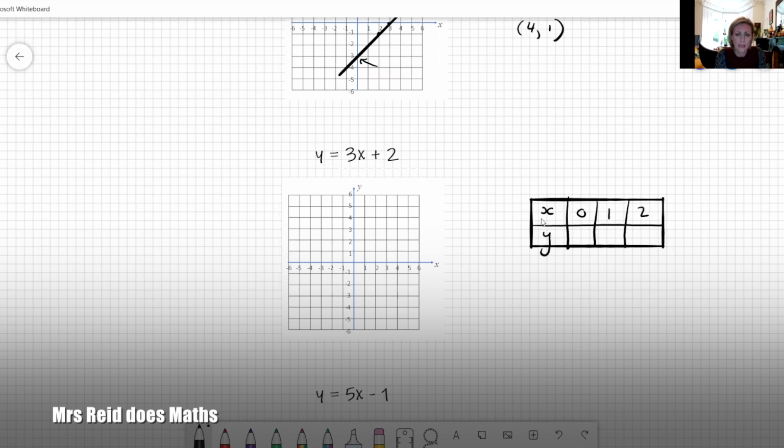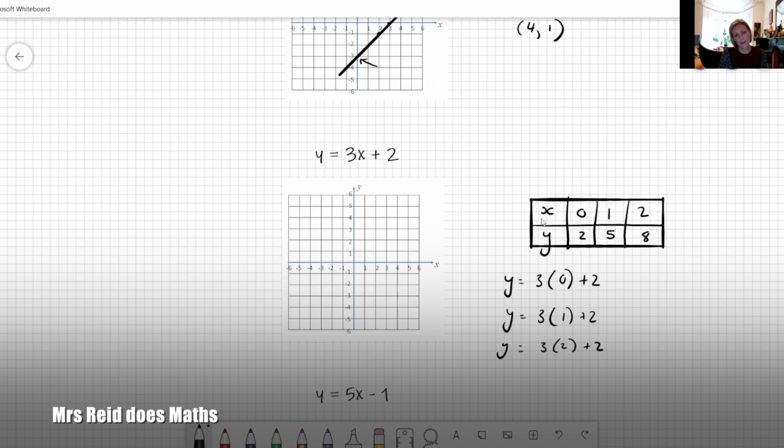So maybe we should do a bit of working here because it's a bit more complicated. So the first x is 0, so that's 3 zeros plus 2, so 0 plus 2. Then the next one is 3 1s plus 2, so that's 3 plus 2. And then the last one is 3 2s plus 2, so that's 6 plus 2, which is off my grid.